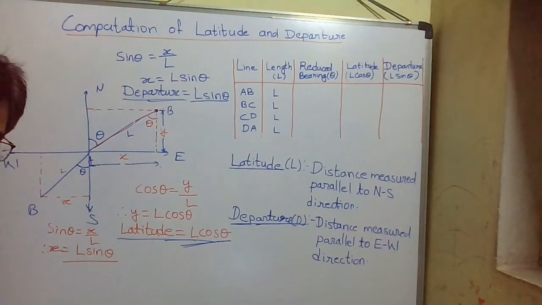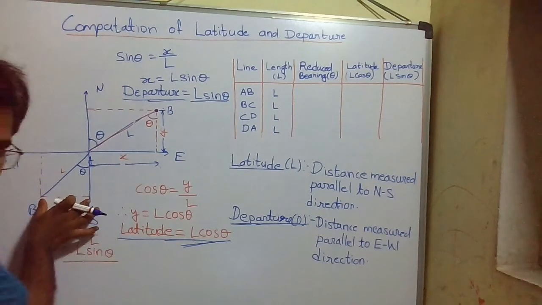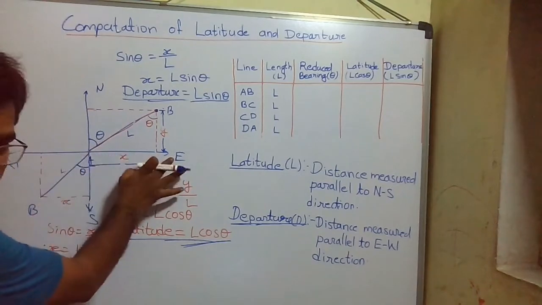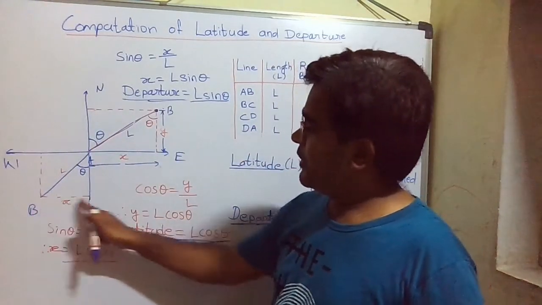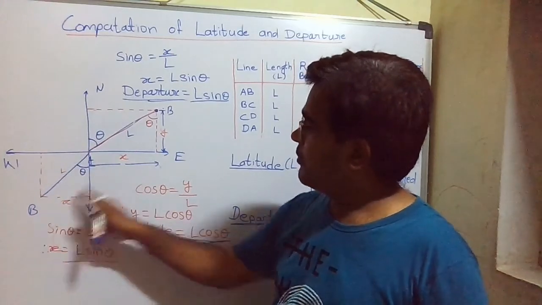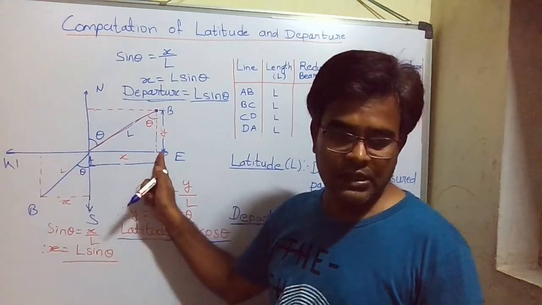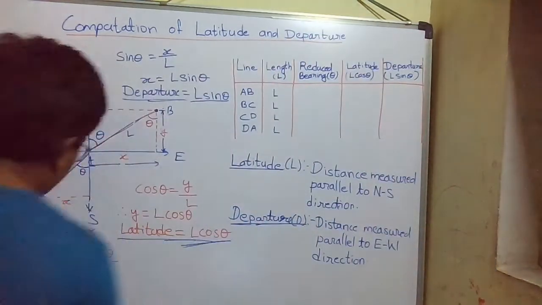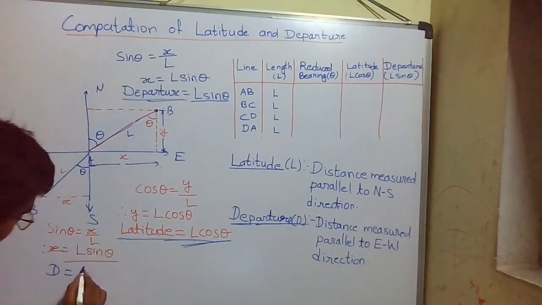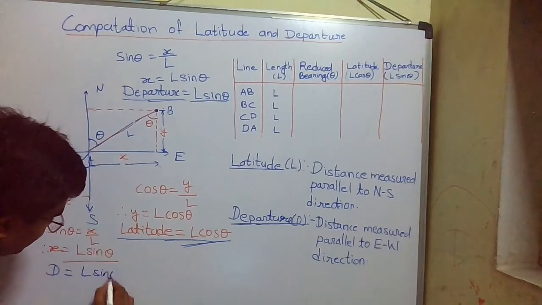This x is the distance of line AB parallel to the east-west direction, so it is the departure. So departure is equal to L sin theta.